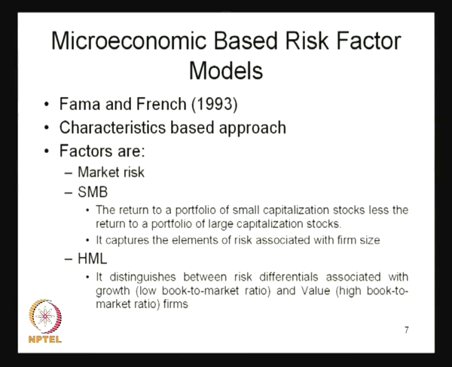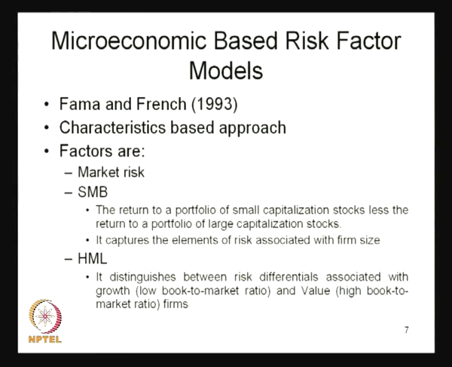In this context, in one of the famous studies, Fama and French in 1993 identified 3 factors which could have an impact on the expected return of the stock. The first factor is market risk, which is defined as the beta.